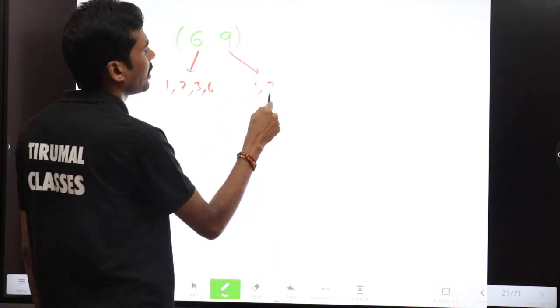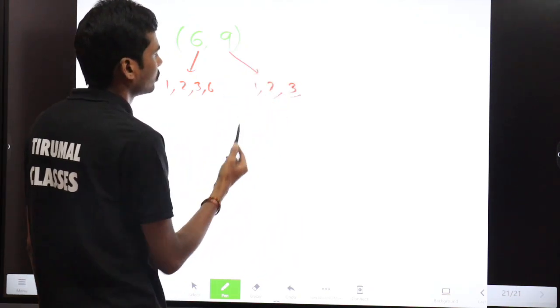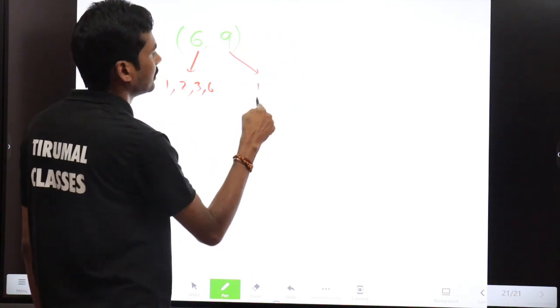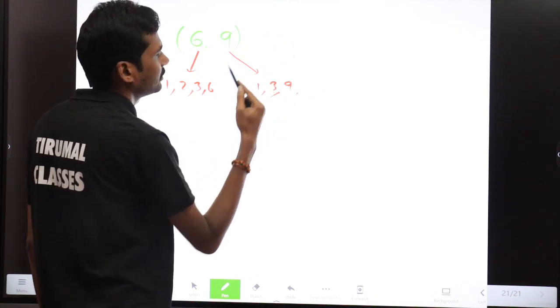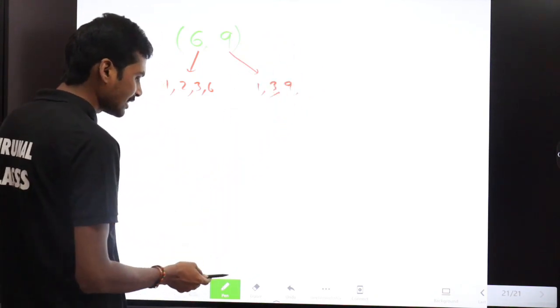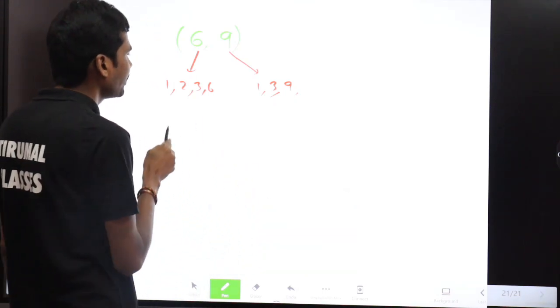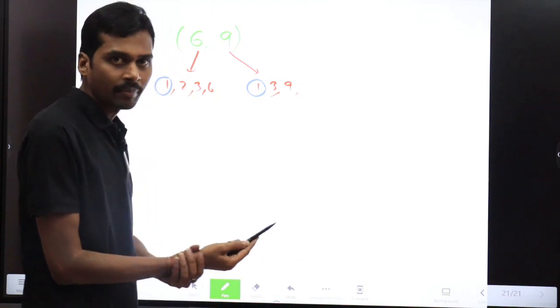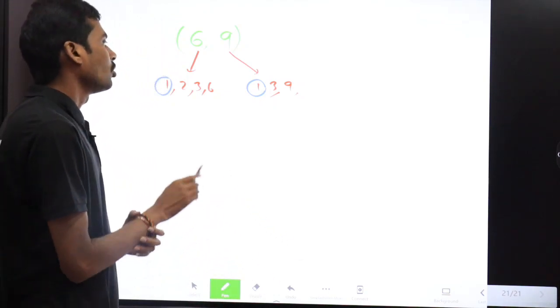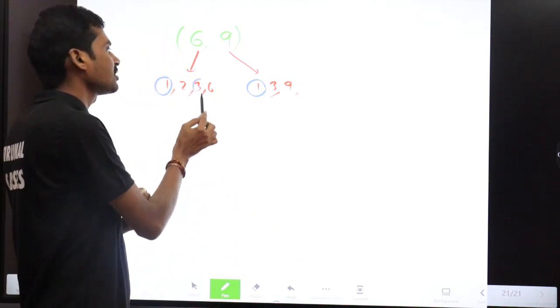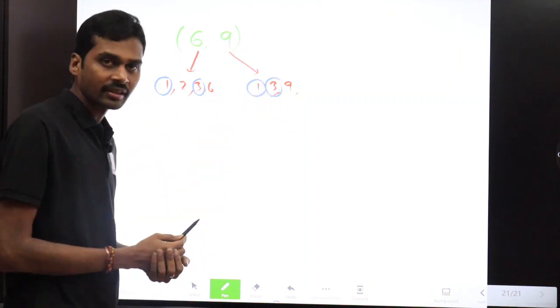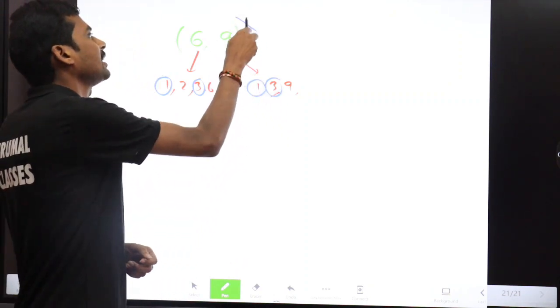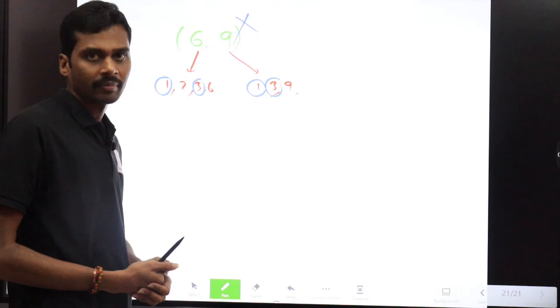It is divisible by 1, sorry, it is not divisible by 2, so 1, 3, 9. Now, as per the definition, we should have only one number as the common number. But here in this list, 3 is also a common factor. So that's why we don't say that 6 and 9 are co-prime.